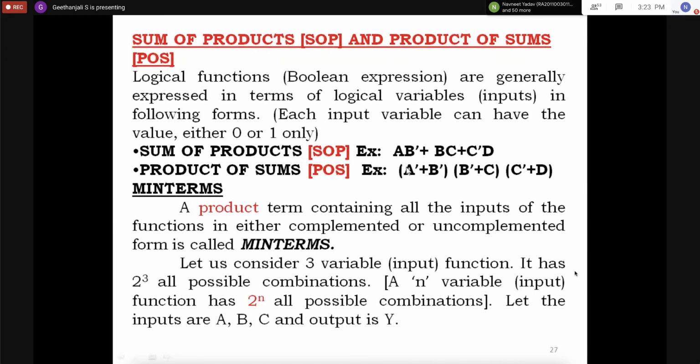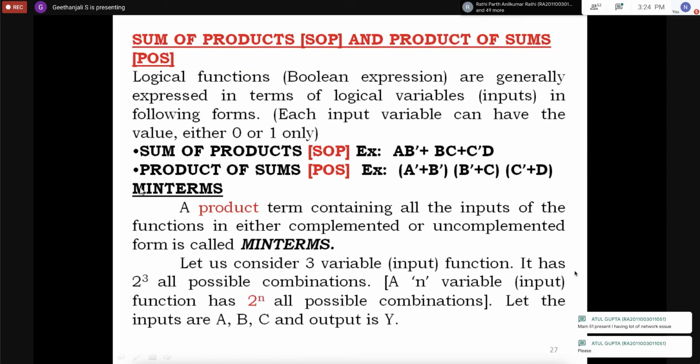That means sum of product. This is sum, this is product. Product of sum is abbreviated as POS. Sum of products, product of sums.